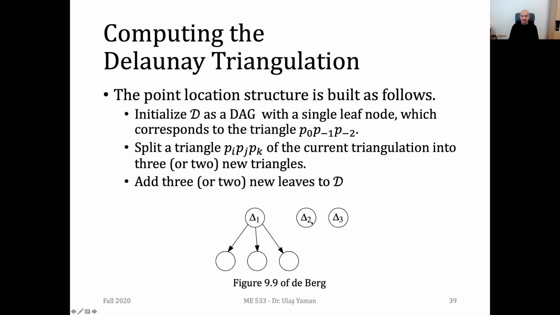Initially we have delta 1, delta 2, and delta 3. Now we have some children of delta 1, and delta 1 is no more a leaf of this data structure. It's an internal node. If you remember from the previous slide, the internal nodes correspond to triangles in the previous triangulations. But now this is not a triangle in our current triangulation. These are the triangles in the current triangulation.